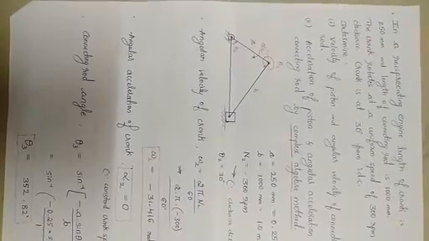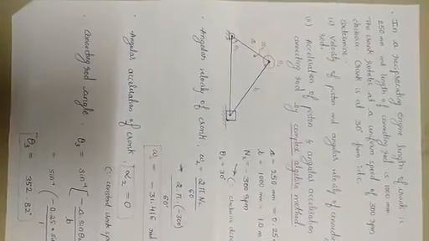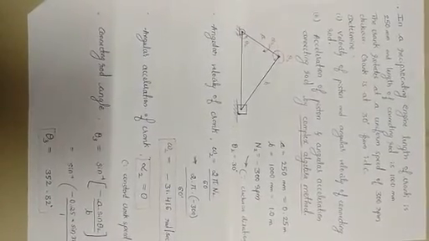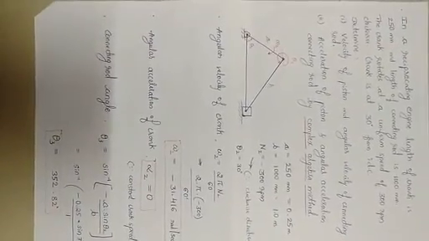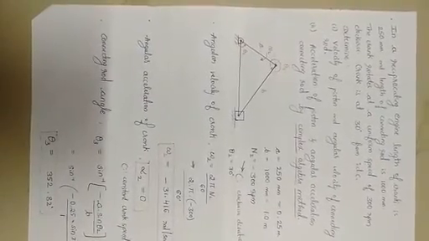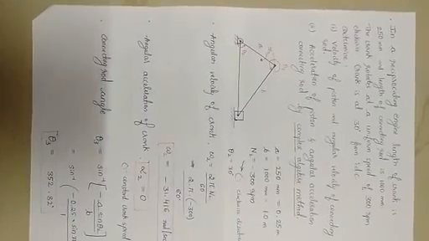The crank is at 30 degrees from inner dead center, IDC. Determine the velocity of piston and angular velocity of connecting rod, and also find the acceleration of piston and angular acceleration of connecting rod by complex algebra method. So this is the question. For the slider crank mechanism, you have to find the velocity and acceleration of piston and also the angular velocity and angular acceleration of connecting rod by complex algebra method.